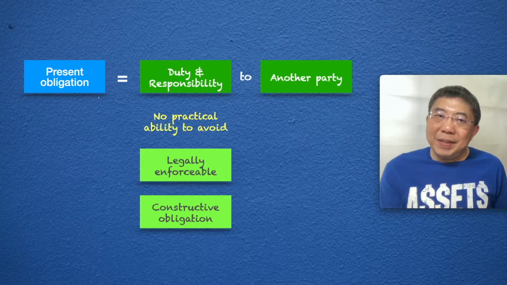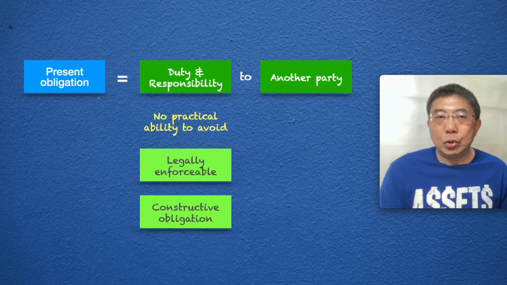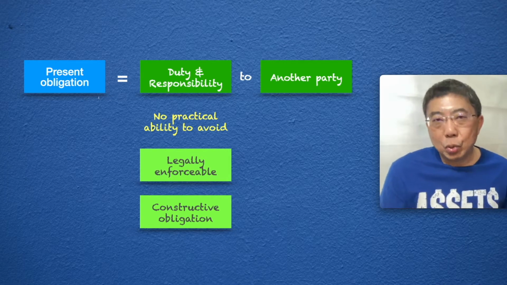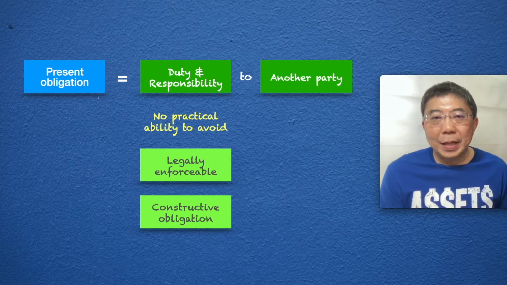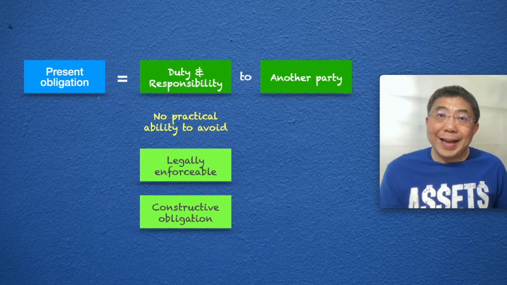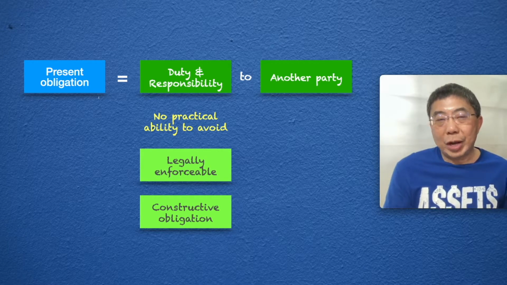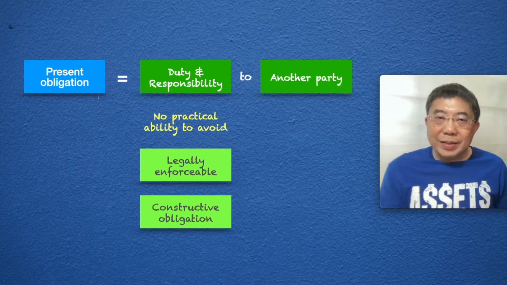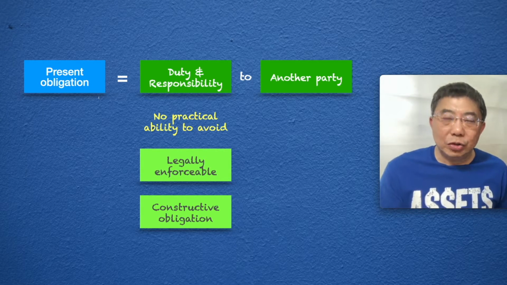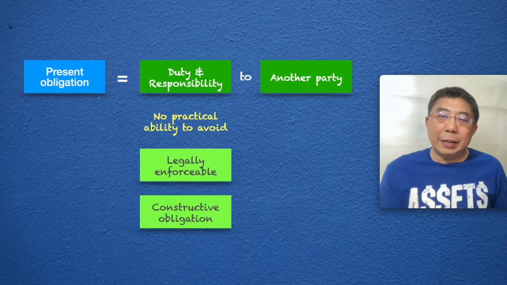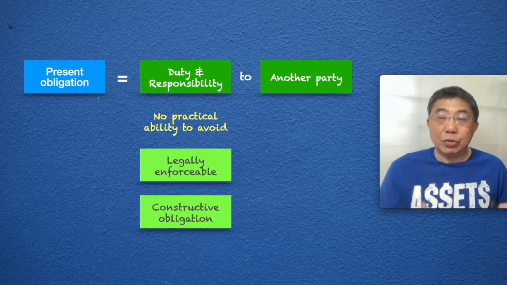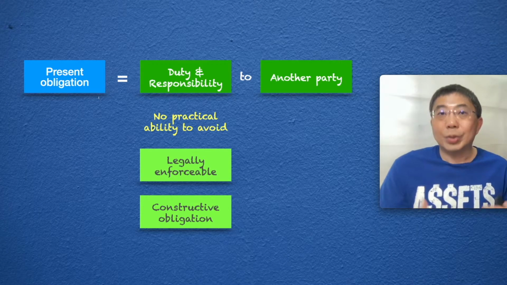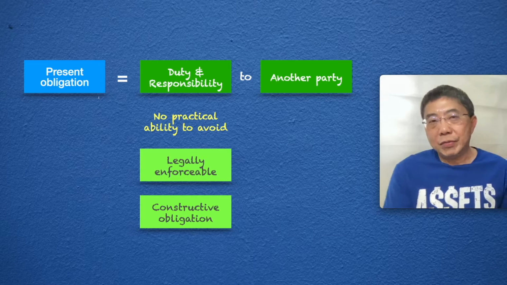But let's say the business decided that they will still clean up the river due to their corporate social responsibility. So, what they did was they announced it to the general public. Now, once they've made the announcement, the business has a constructive obligation to carry out the cleanup of the river.